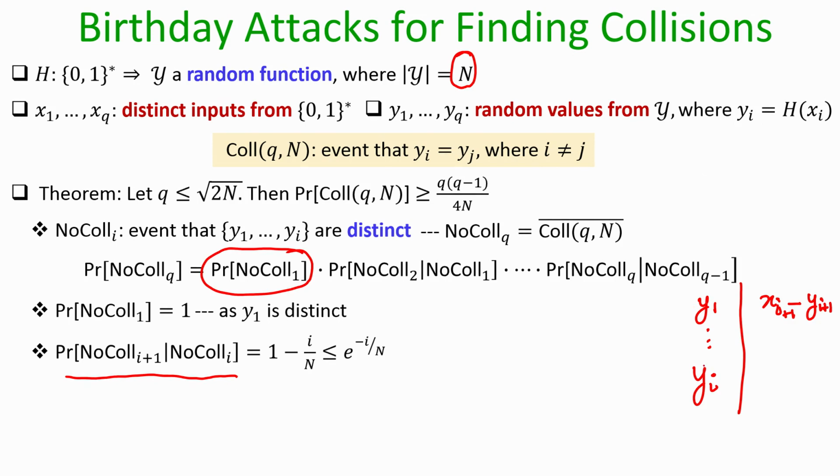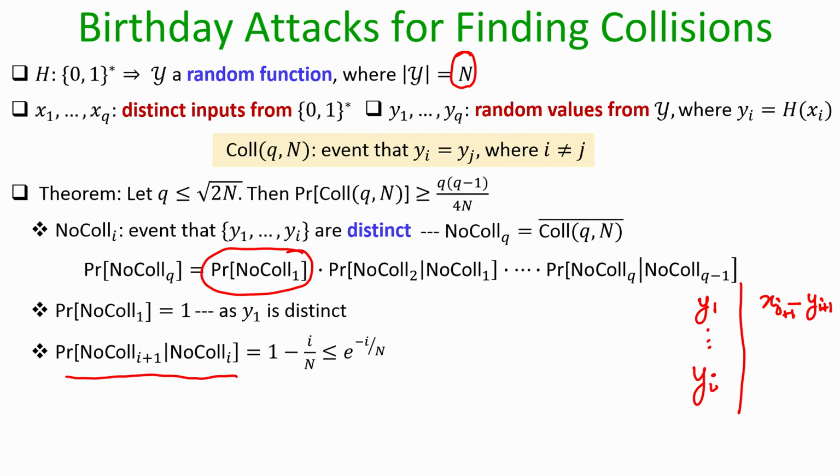It is not difficult to see that this probability is nothing but 1 minus i over n. Why? Because i over n denotes the probability with which this (i+1)th value could be the same as at least one of these i values, and if we subtract that quantity from 1, that gives you the required probability.